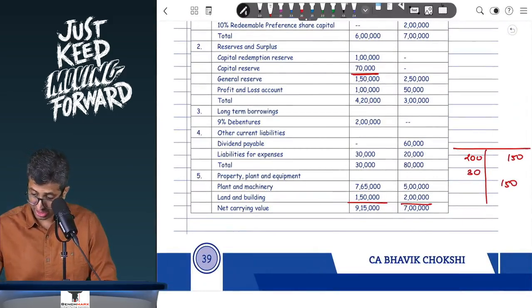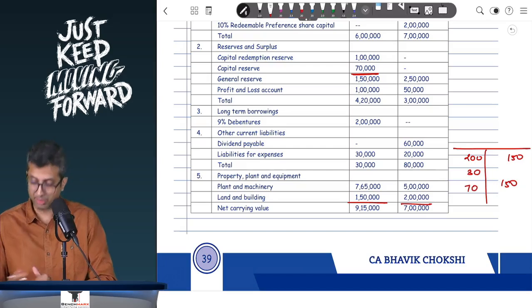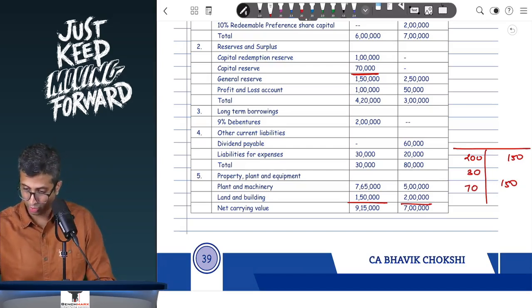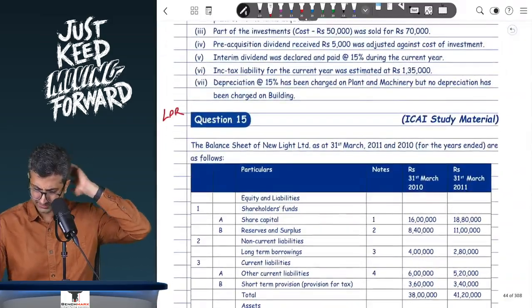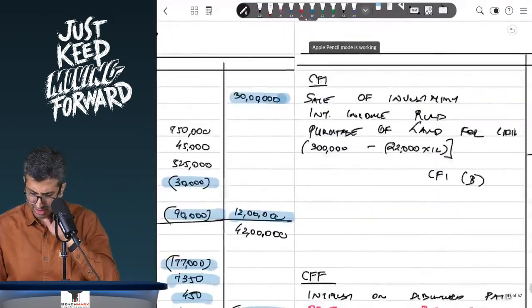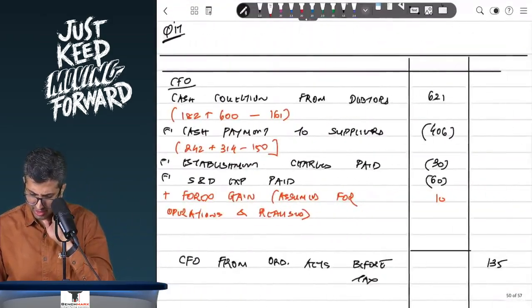Other than that, there was a revaluation worth 70, land account debit to revaluation. So if I now go to see 200, 30, 70, can I say maybe there is a 100 rupees purchase of land over here? Maybe there's a purchase of land somewhere.